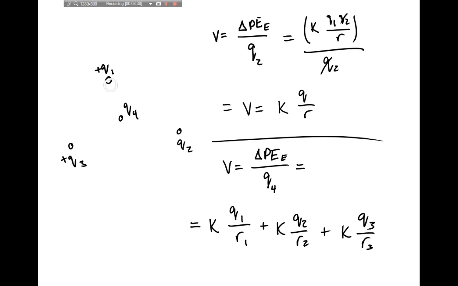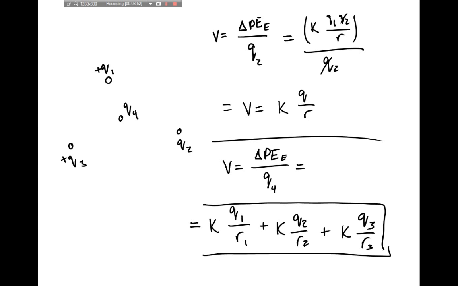Because the potential energy associated with this would be K Q1 Q4 divided by R1, where R1's the distance between these particles, but then I divide by Q4. So this is what I get for the potential associated with these two particles. And then the potential is also going to increase because of the interactions of these two particles and these two particles. So we see that the total potential associated with these three particles at this point right here is given by this formula down here.